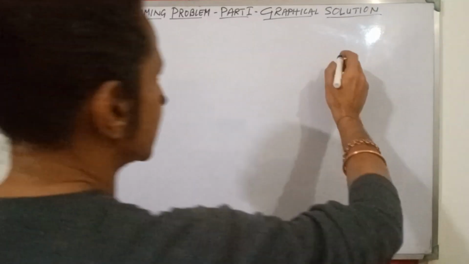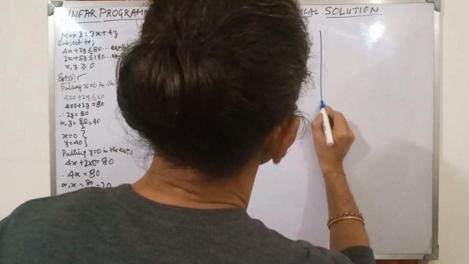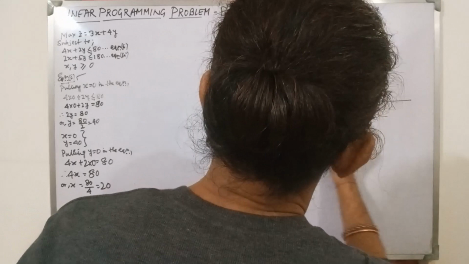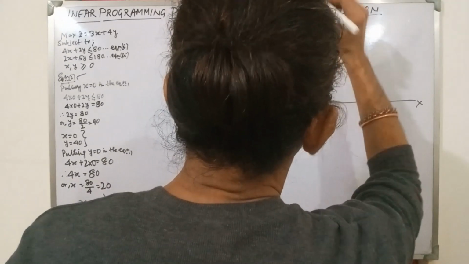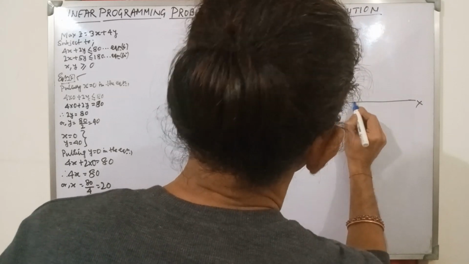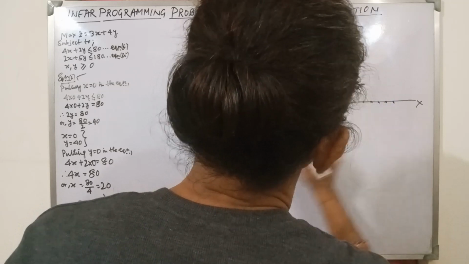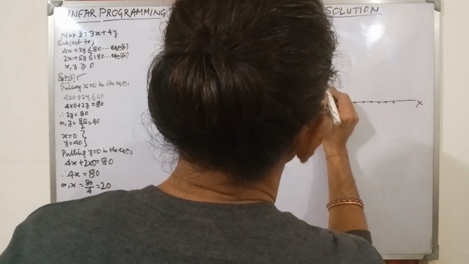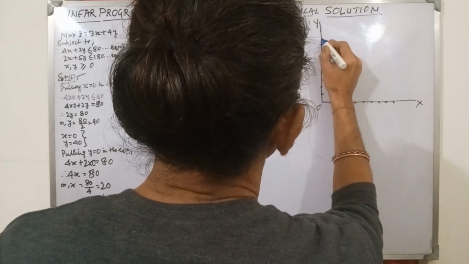Let us draw the straight line by these coordinates. This is the x-axis, this is the y-axis. 10, 20, 30, 40, 50, 60, 70, 80, 90 on each axis.